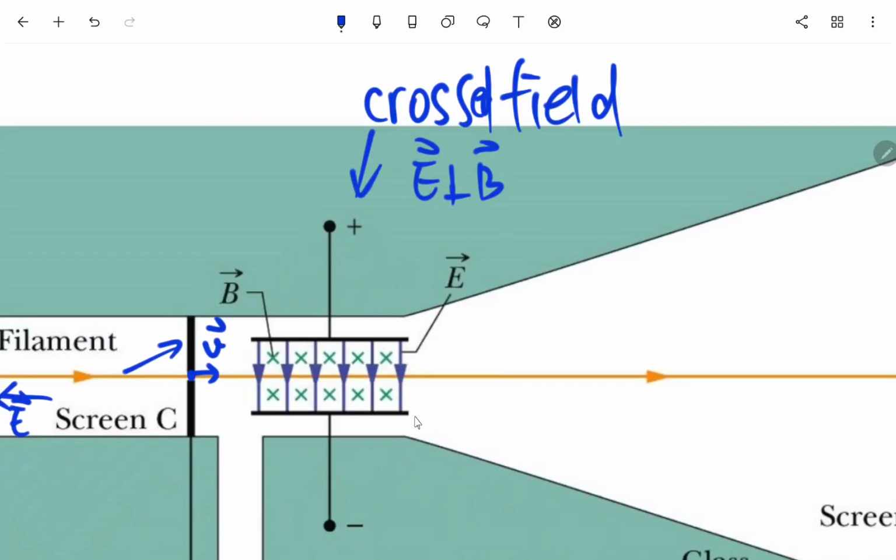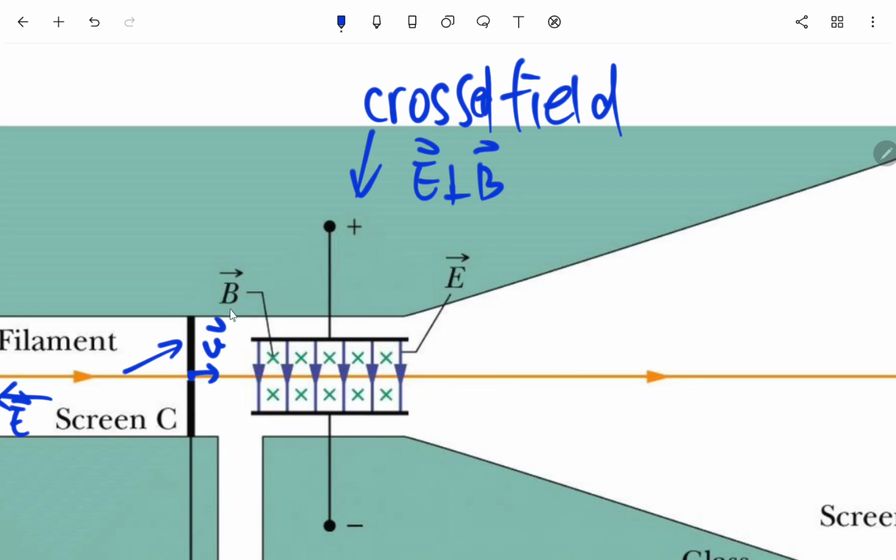Here we have a parallel plate, providing some potential difference, so there will be an E field pointing downward. And in some sense we can also generate some B field going into the page. Here we have some green crosses to represent that the B field is pointing into the page.